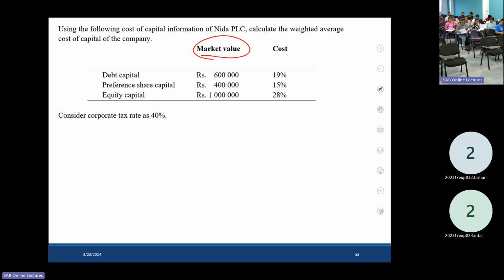First, you have to identify their weights: weight on debt capital, weight on equity, weight on preference shares. Total capital requirement here is 2 million.